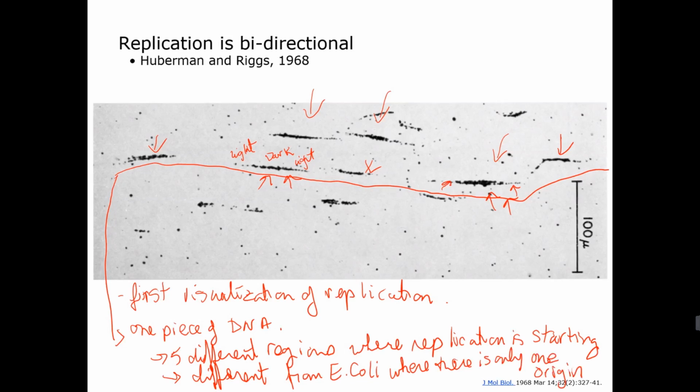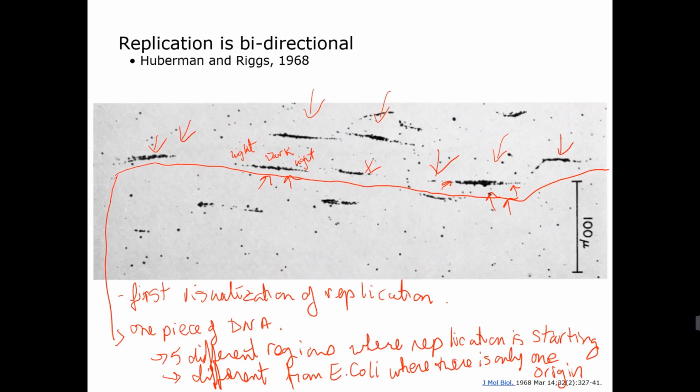Okay, so basically this opened up just a ton of different questions about how replication is controlled on eukaryotic chromosomes. Like how does it know where to start here instead of over here? How do you start over here and then start over here again?